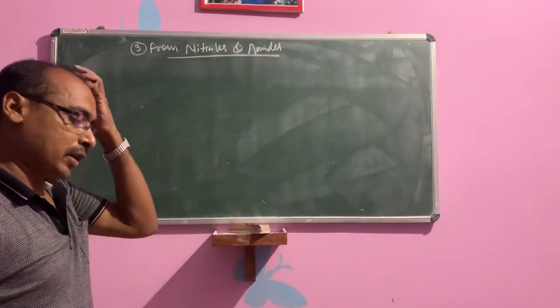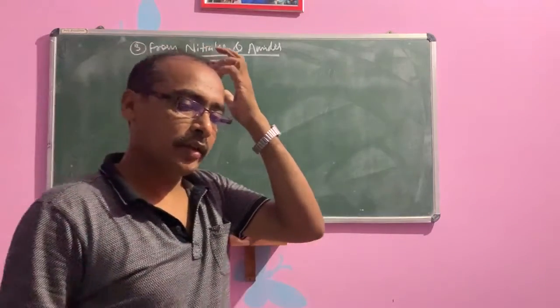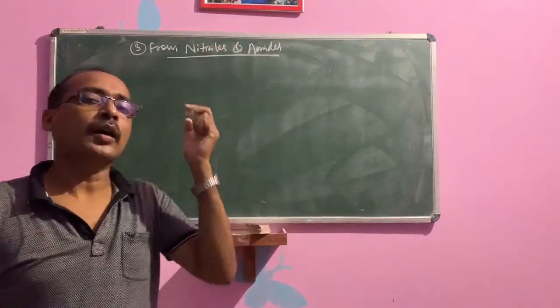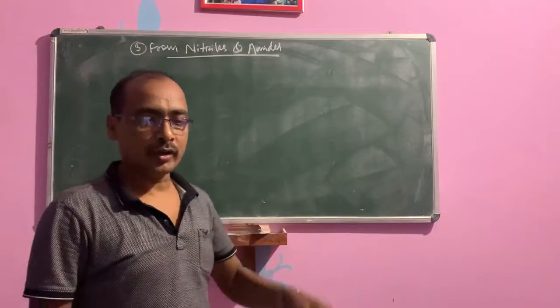Children, you know what nitriles means: alkyl nitriles, and amide means C=O NH2.